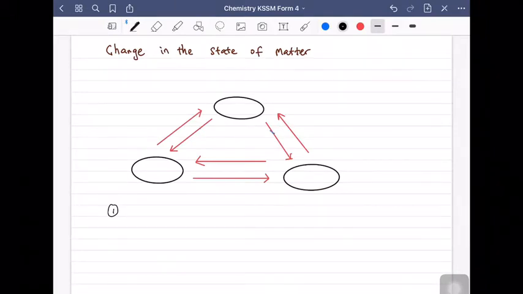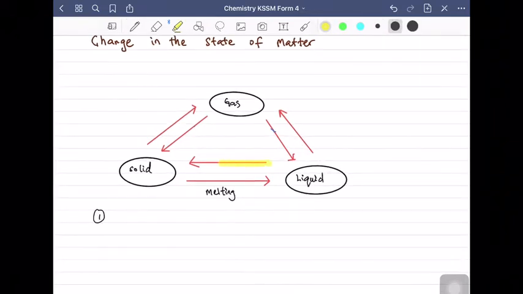Alright, now let us look at the change in the state of matter. First of all, we know that matter exists in solid, liquid, and gas. When a solid changes to liquid, we call it as melting process. When a liquid changes to solid, we call it as freezing process.